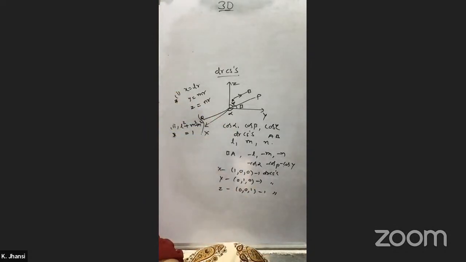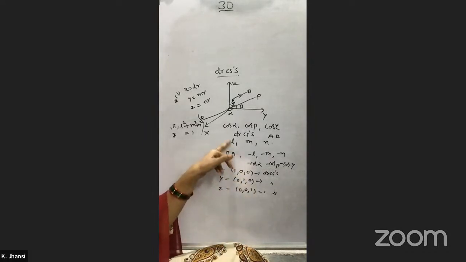But it is mentioned as positive, so plus and plus with respect to x and y. So two angles are given. The third angle we have to find is the angle it makes with the positive z-axis. Third means z, so you will have gamma, so we have to find gamma. Alpha is already given and beta is given.